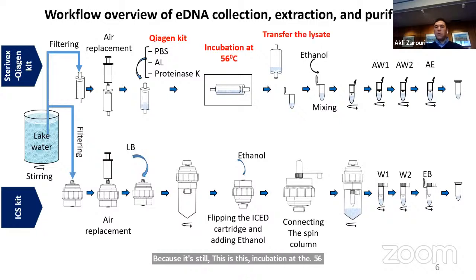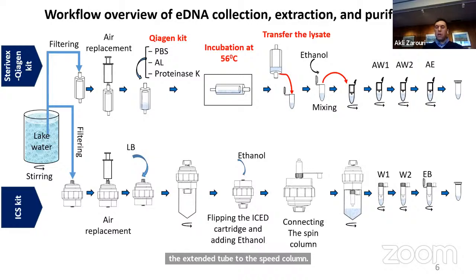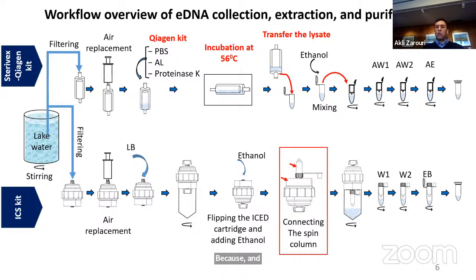And the second difference is the need for the Sterivex cartridge to transfer the lysate to an external tube, and then from the external tube to the Qiagen spin column. And this increases the risk of contamination. And this is avoided in our solution by directly connecting the spin column to the device.